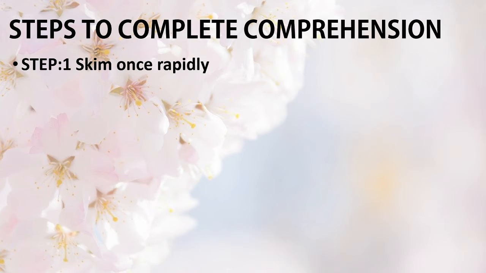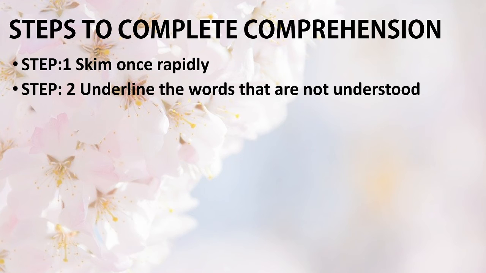Skim it as rapidly as possible. You are not to worry about words that you do not know at this stage. Step 2. Underline the words that you do not understand to facilitate a complete understanding of the passage. This will enable you to solve the vocabulary questions quicker.